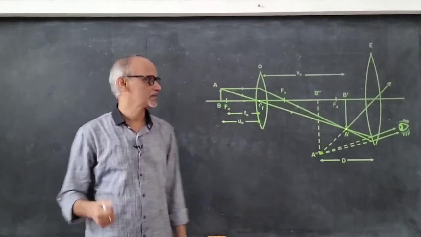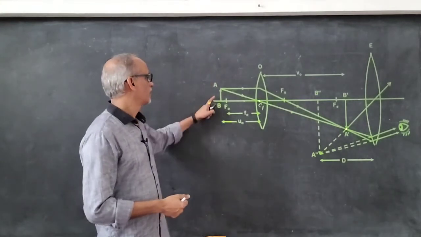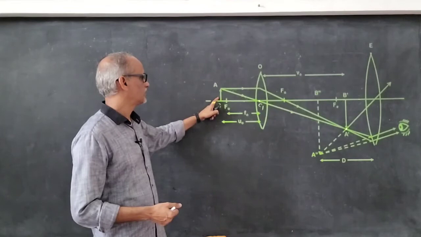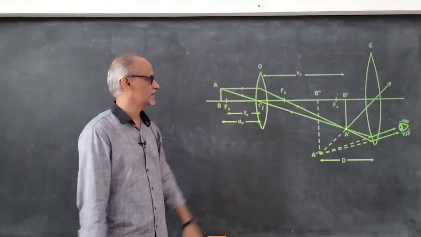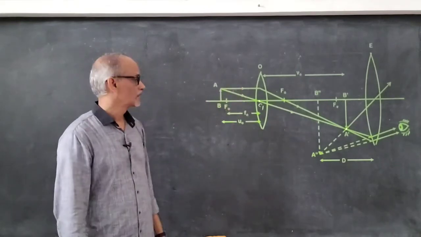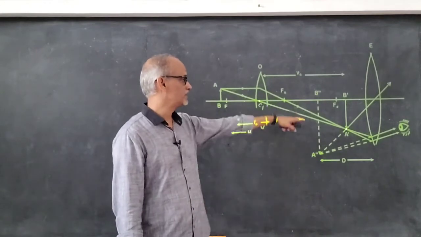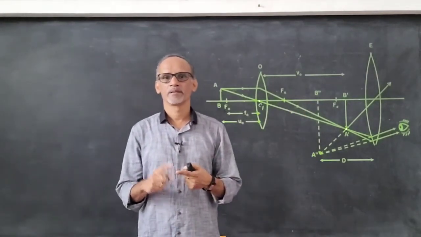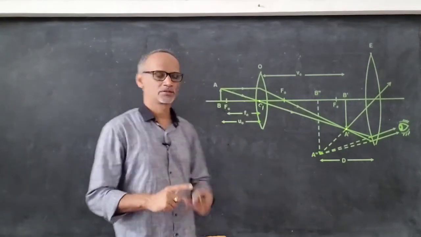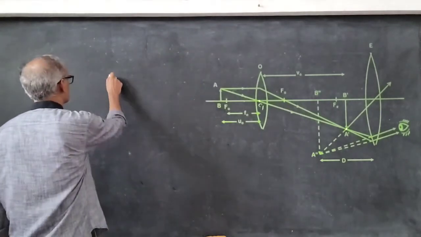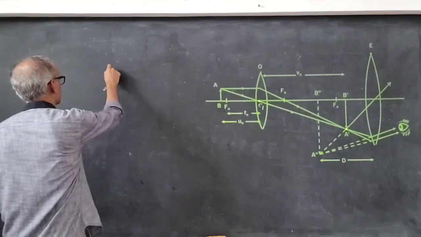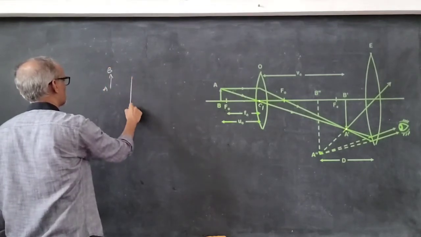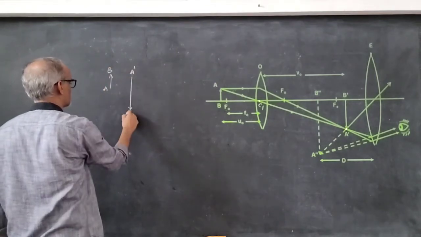erect in nature. Okay. Now here we get an object and then corresponding to this we get the real image. So what is the nature of the image which we get? A dash B dash. It's real, inverted and enlarged. This is AB and this is A dash B dash.